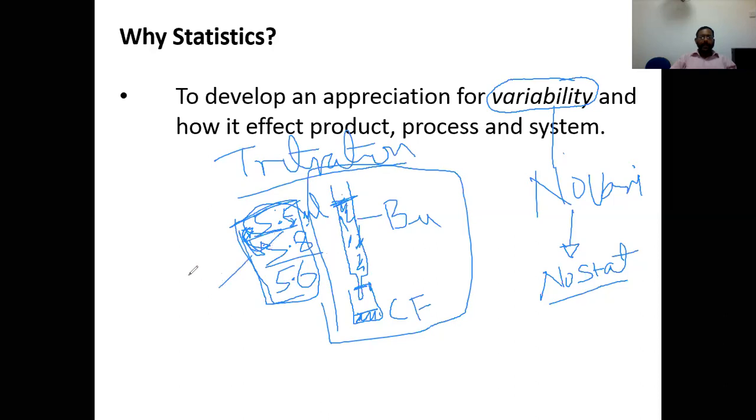This is where statistics is needed, right? If I take this titration and get the answer 5.5 for the first reading, again 5.5 for the second, third reading 5.5, can you practically get all 3 with the same value?